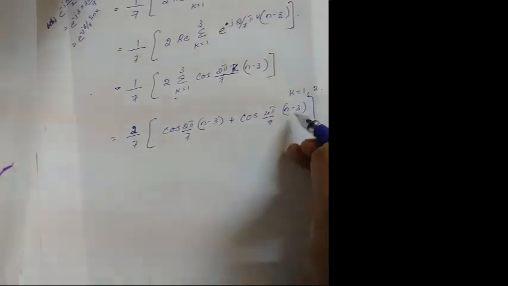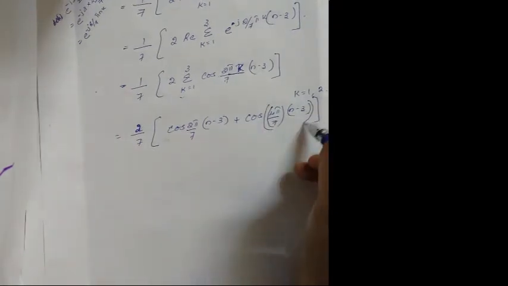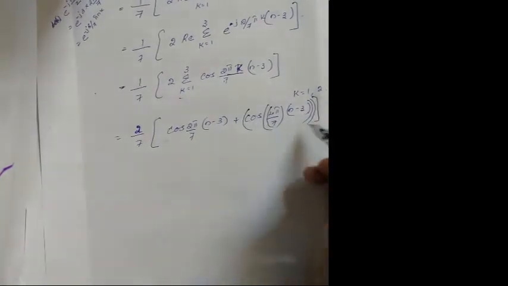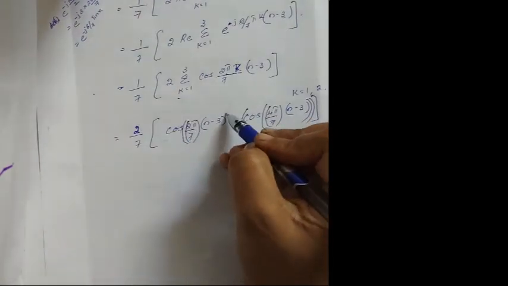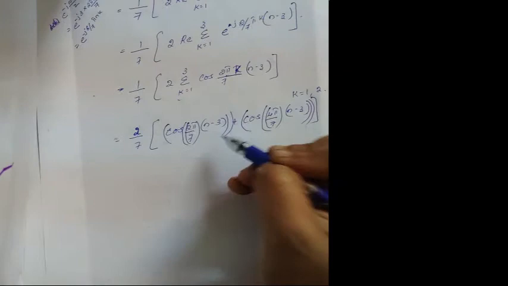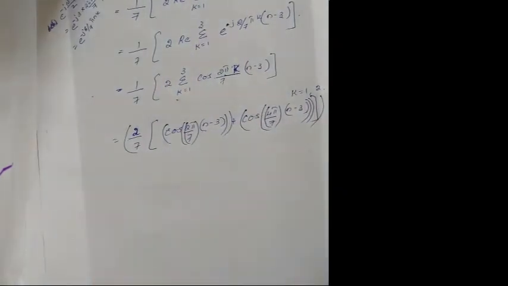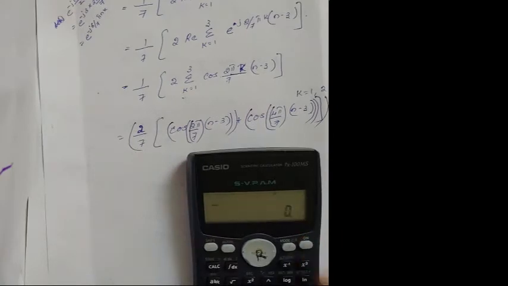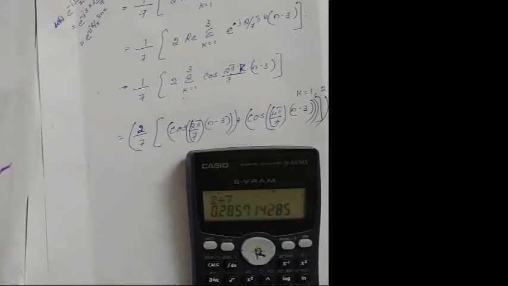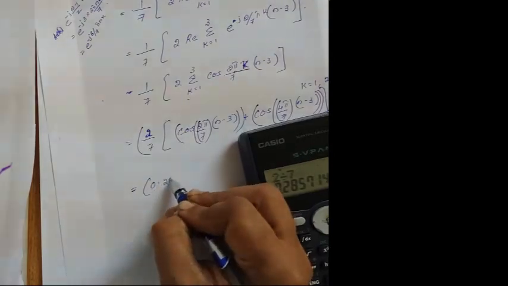Okay. Now you can put brackets. This is in one bracket, this in another bracket, and you are multiplying that into cos. Here also 2 pi by 7 in brackets, cos, and this is your plus sign. Now you can see using your calculator, 2 divided by 7 is equal to 0.28.